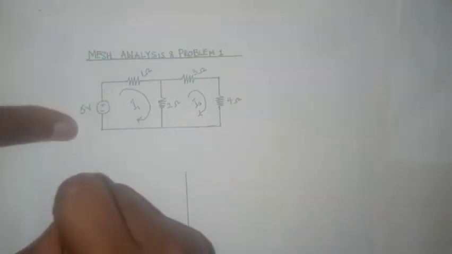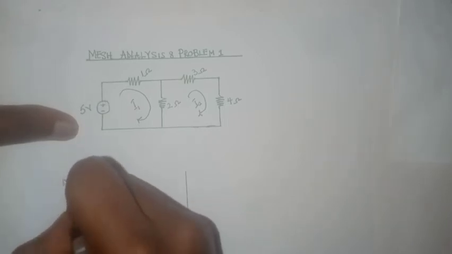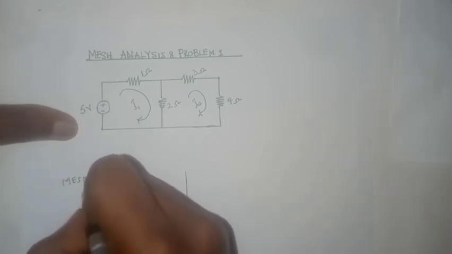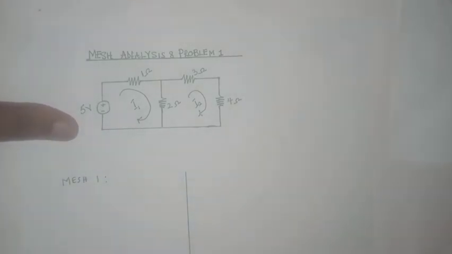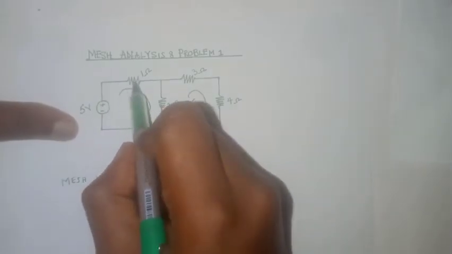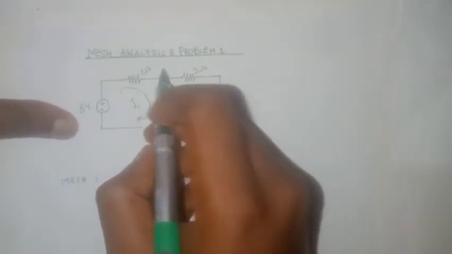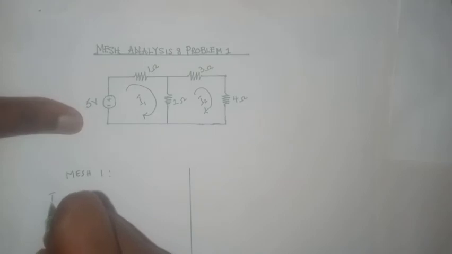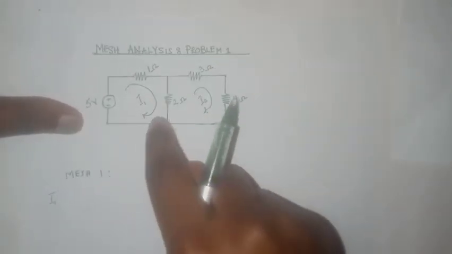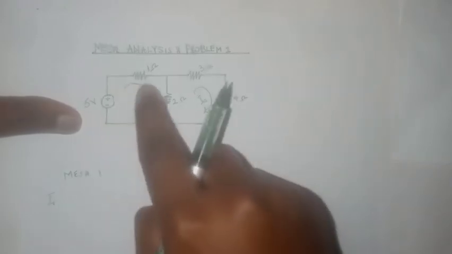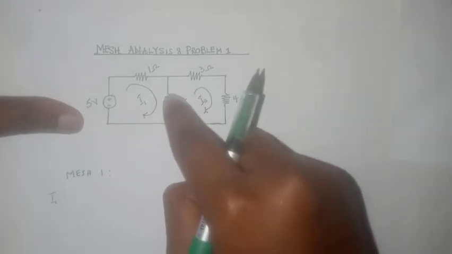So we write the KVL equation in mesh 1. In mesh 1, the equation will be written as I1 times 1. So I1, then we come here and we have I2. We also have I1, and we also have I2 opposing it.